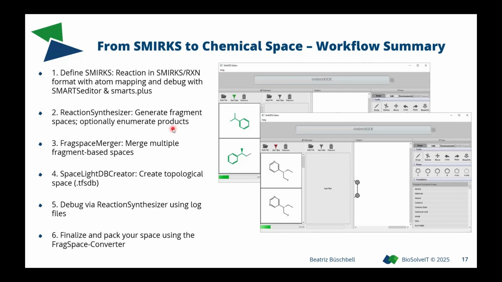And then you would further continue with merging these multiple fragment-based spaces, creating a topological space. In the end, you can also do some debugging with the reaction synthesizer. You can ask for a large or detailed output of the log files by setting the verbosity up. And in the end, you finalize and pack your space using the frag space converter.